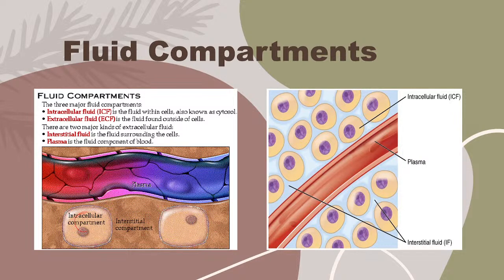Interstitial fluid is around the tissues, and plasma is the fluid component of blood. These are the vessels. Inside the vessels there is intravascular fluid, and inside this there is plasma and red blood cells.